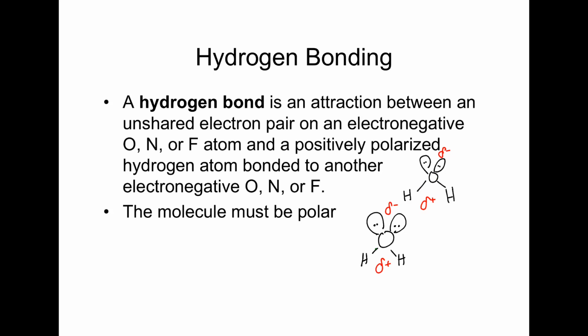So this isn't just a partial positive charge and a partial negative charge being attracted to each other. I kind of think about it as a supercharged positive charge and a supercharged negative charge being attracted to each other. And that's what makes hydrogen bonding so special, and that's why hydrogen bonding is stronger than dispersion forces or dipole-dipole forces. It's kind of like a special version of dipole-dipole that's stronger.